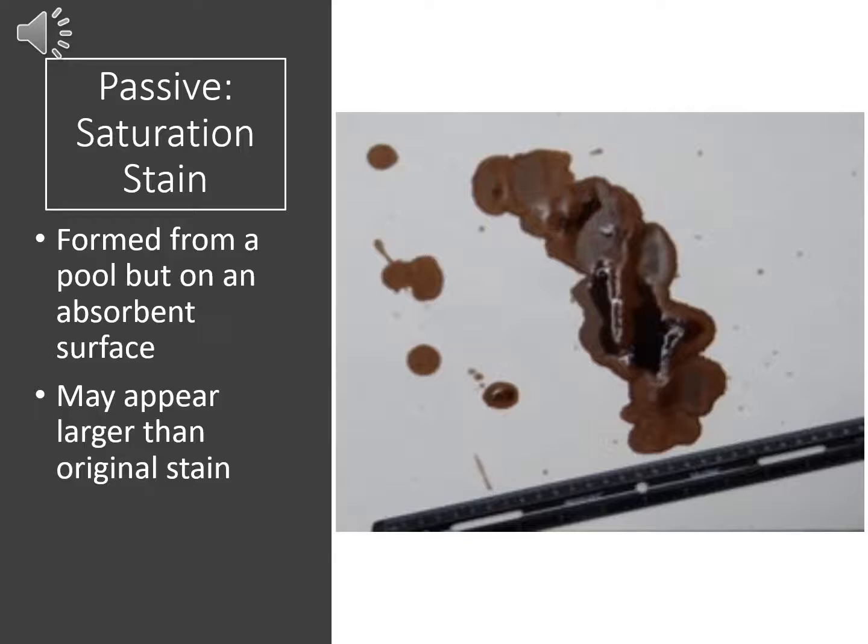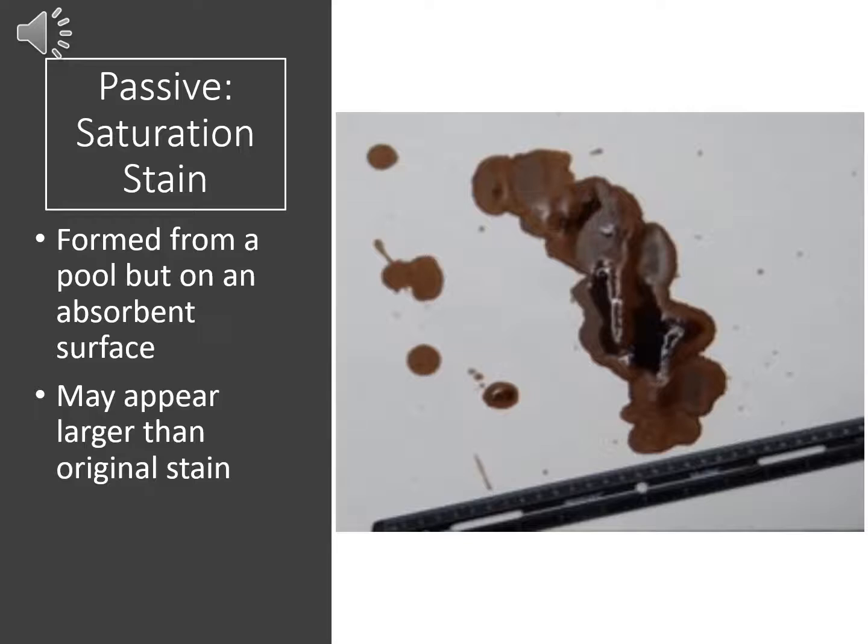Because of the action of the absorption on that absorbent surface, you're going to get an appearance of the saturation stain that's probably larger than the original blood pool would have been, because the pool is kind of pulled by capillary action out and away, and that gives it a larger appearance than if the blood had pooled on a non-absorbent surface. So that's the biggest distinction between a pool of blood and a saturation stain formed from the pool of blood: the type of surface that it happened to fall on.